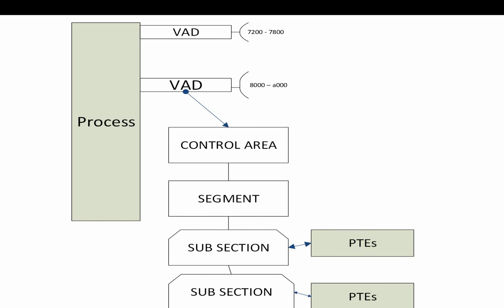For an executable, the subsections are divided up based on the file header, and we'll look at that later in the presentation. But on a data section, all the subsections are the same size, and subsections are a grouping of PTEs.